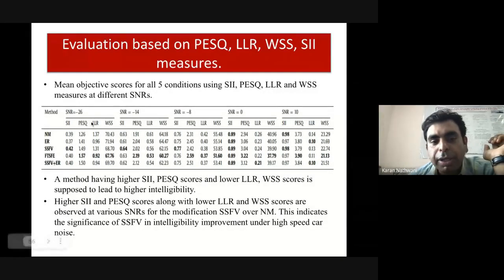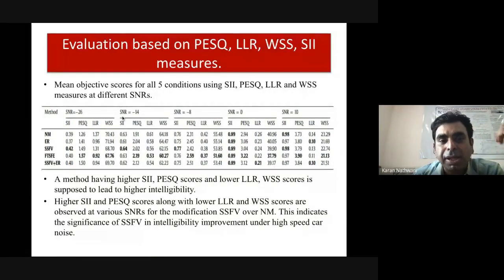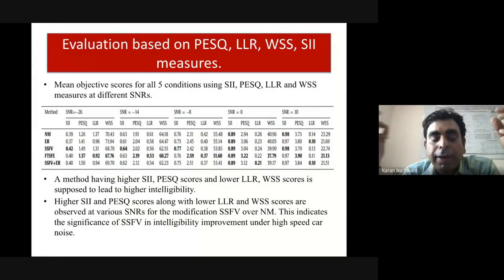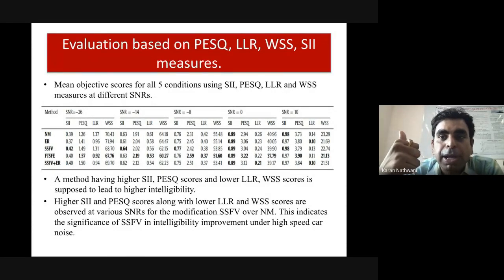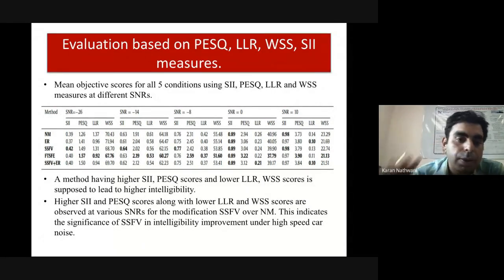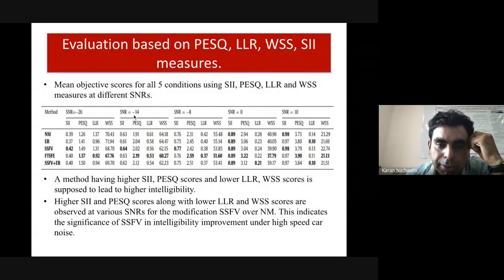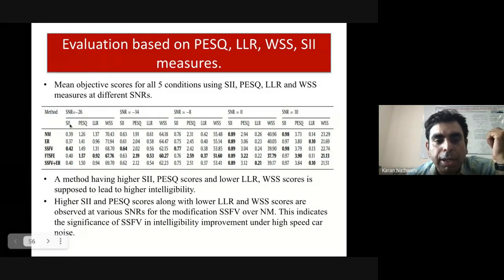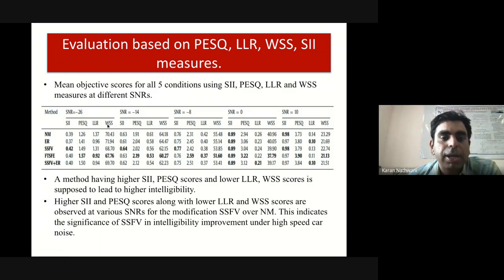I computed results at different SNRs. I have taken very low SNRs because that is where the novelty lies. At a very low SNR, if you are able to improve intelligibility, then your method has improved the performance. I started with the same four measures: SII, PESQ, LLR, WSS.